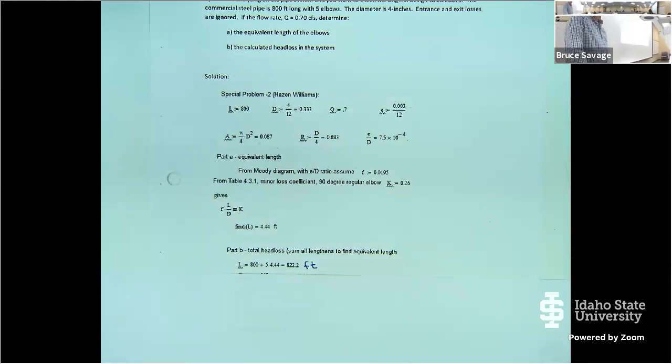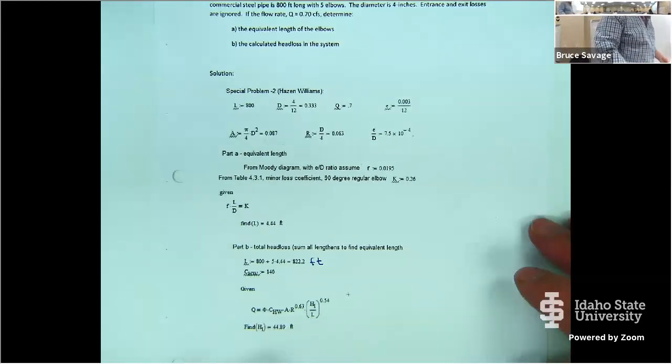It's not the actual length of the pipe plus the elbows; if we took the elbows out but wanted to maintain the same head loss those elbows create, I would replace each elbow with a straight piece of pipe 4.4 feet long. Then I would have the same loss in that straight pipeline as in the pipeline with the bends in it.